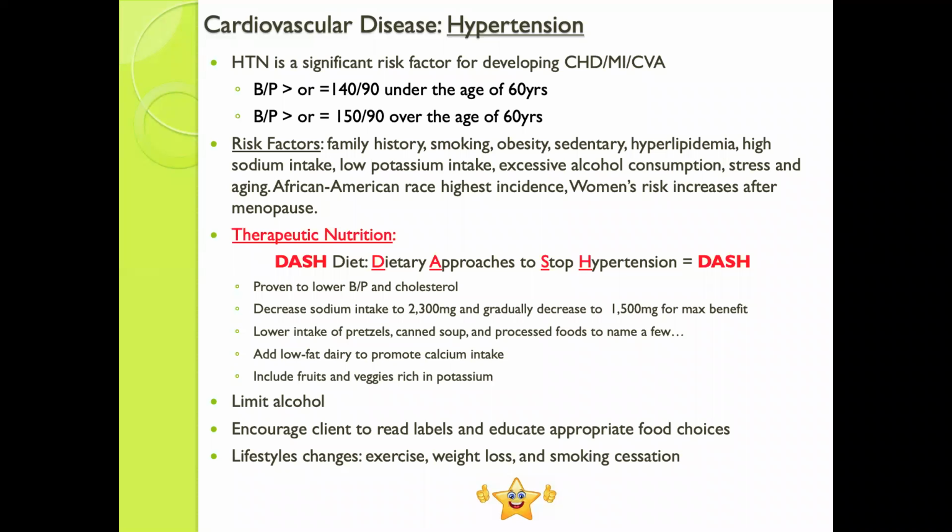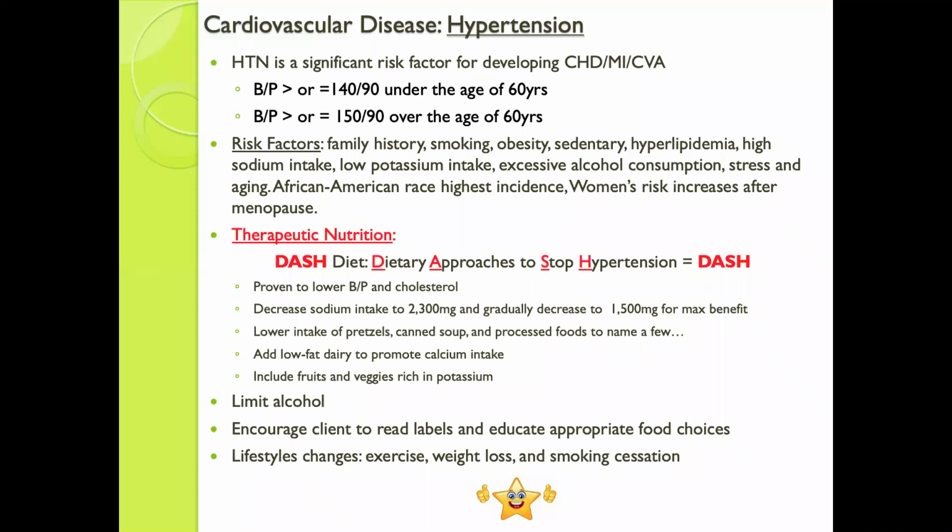Because the heart has to work against the extra resistance, but also the risk of blowing capillary beds, right? If you blow them in the retina of your eye, you have blindness. If you blow them in your brain, you have a stroke, okay? And if you blow them in your heart, you're going to have a myocardial infarction.